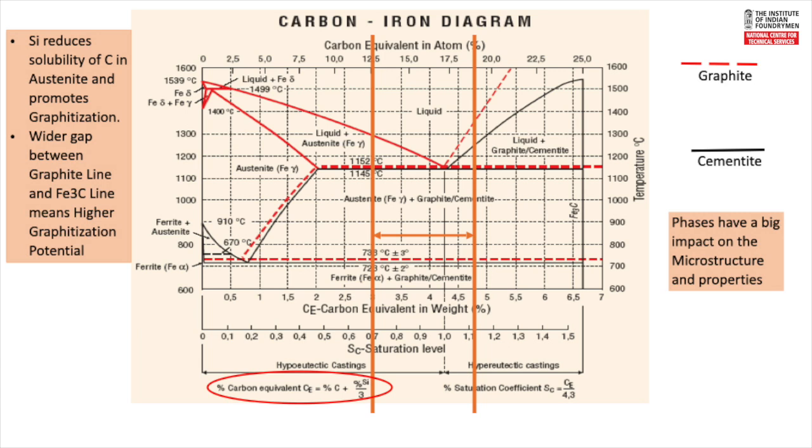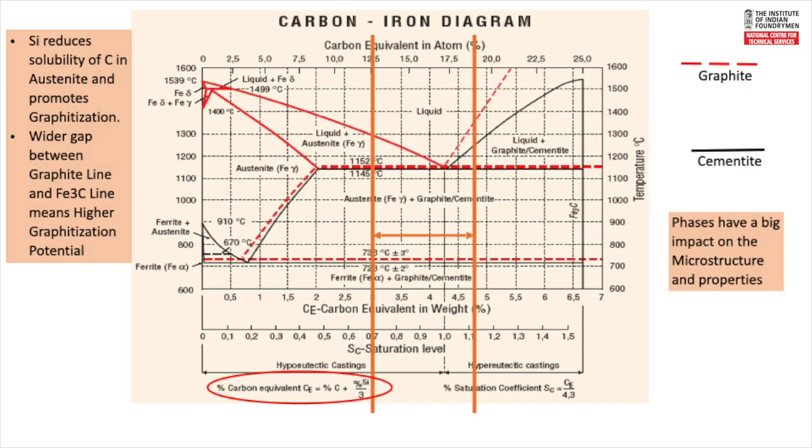For the sake of simplicity, many people use it as percentage carbon plus percentage silicon by 3. Many times people will also add percentage phosphorus by 3. In fact, if you go into the original thermodynamic equations, you will find effects of manganese, which is slightly negative, sulfur, and a few other elements.